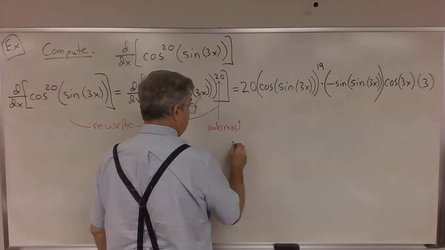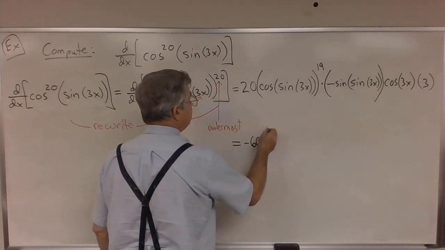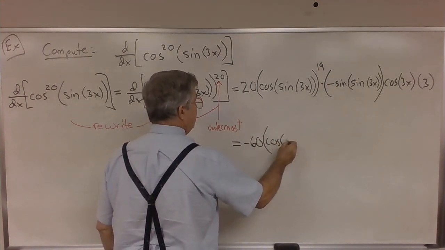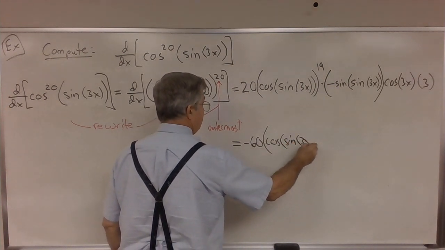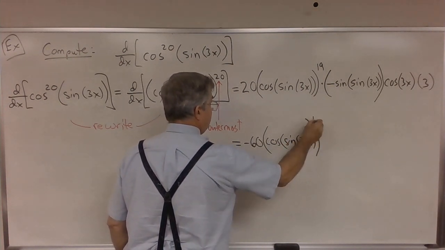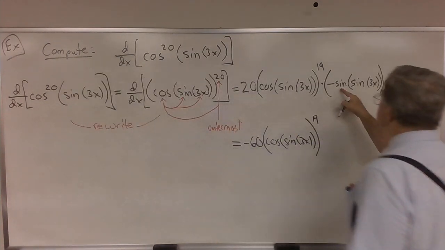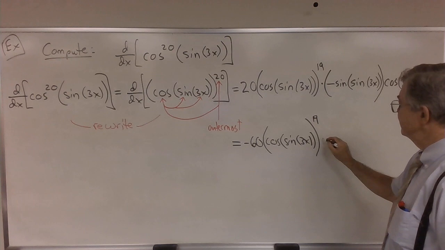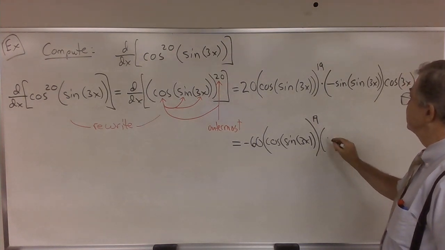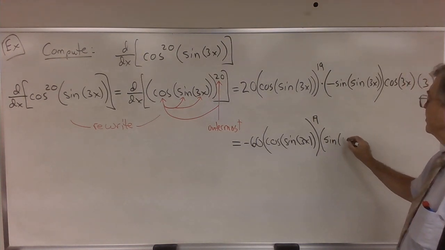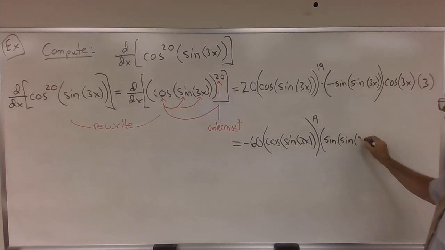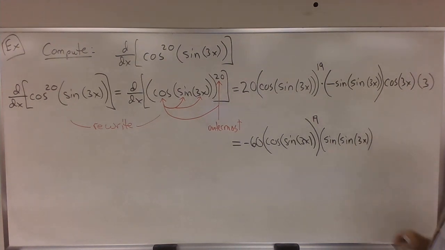So let's see, that's going to be negative 60 times cosine of sine of 3x to the 19th, times sine evaluated at sine of 3x, times cosine of 3x.